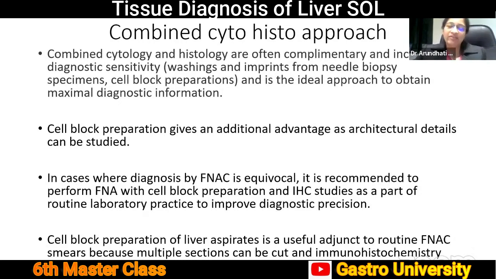Wherever diagnosis by FNACs is equivocal, it is recommended to perform a cell block along with the FNA, because this gives us tissue material to not only study the architecture, but also gives us material for carrying out ancillary studies like special stains or immunohistochemistry, and also providing tissue for further testing if required.